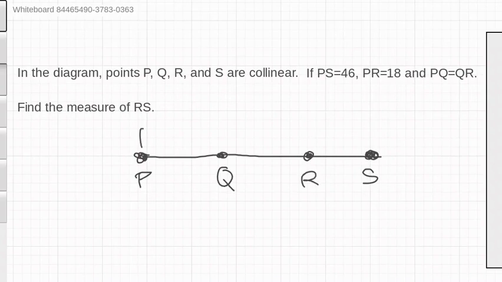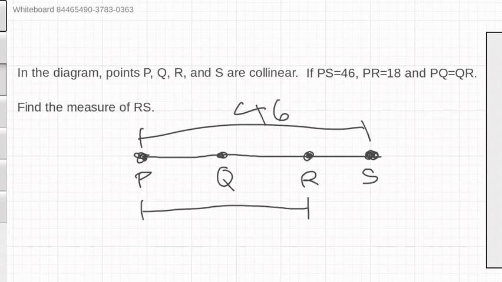We know that PS is 46. We know that PR is going to be 18. And we know that PQ is equivalent, or congruent, to QR.